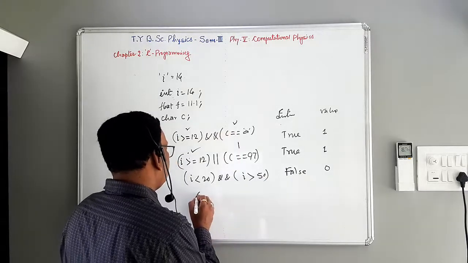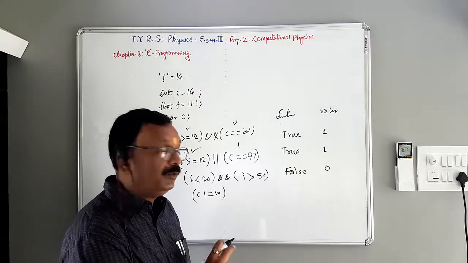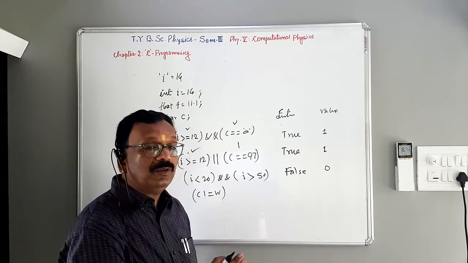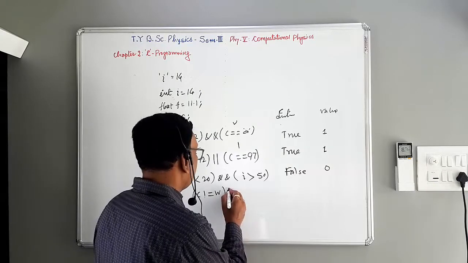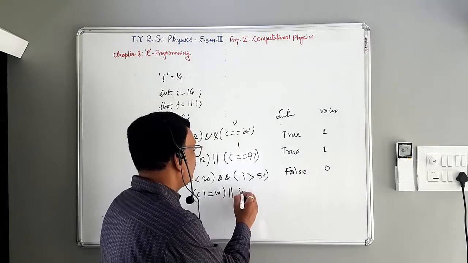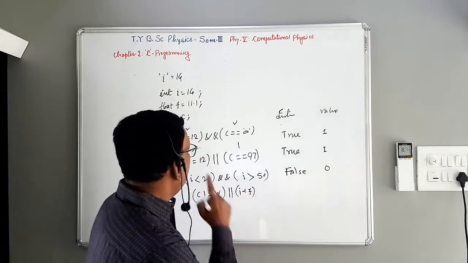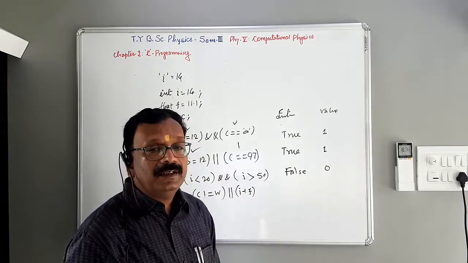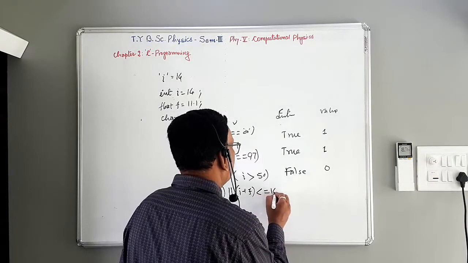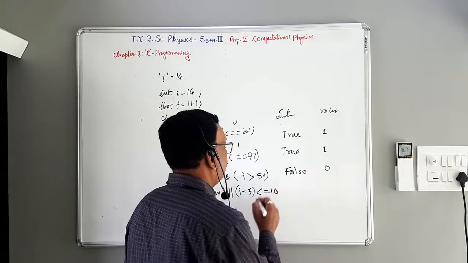Now consider the last expression. If C is not equal to W, that means this is true, C is equal to A, and here this tells us C is not equal to W, that is true. Or if I plus F is less than or equal to 10, suppose 10.